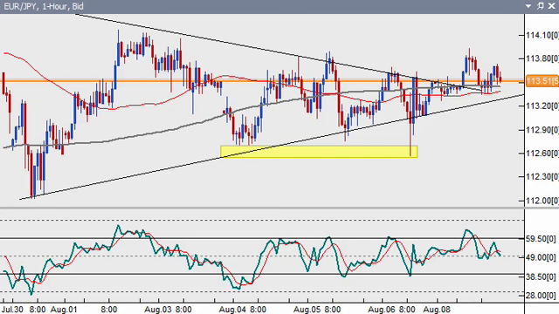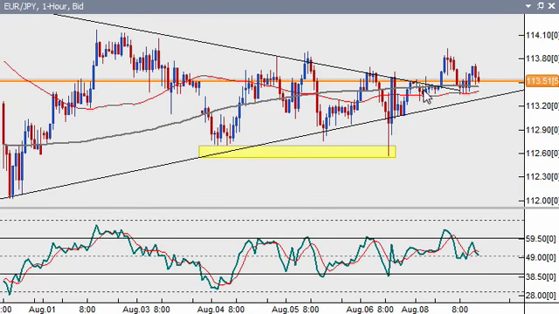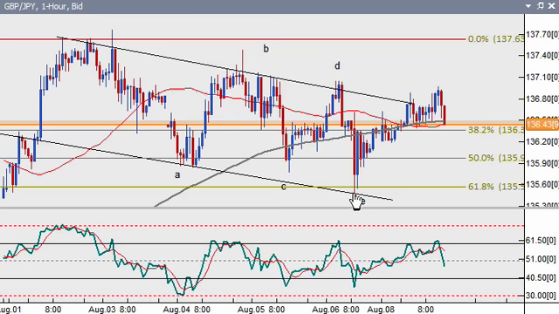So I'll keep my eye out for this pair, because this here was initially a bullish signal, but if the market comes back down and breaks below, then we continue to be in ranging, and possibly we could have bearish signals. All right, 1 hour here in the Pound Yen again, consolidating, Yen gaining some control.